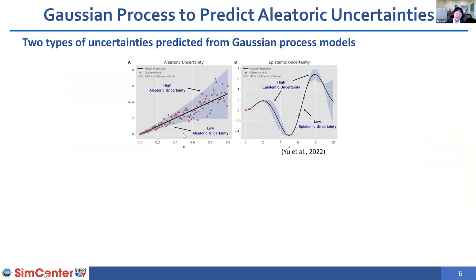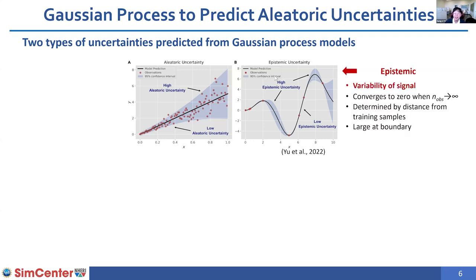Using a Gaussian process model, you can produce two different types of uncertainties. The first one is epistemic uncertainty, which is related to the amount of training data that you have. If you have a large number of data sets, this uncertainty will practically approach zero.